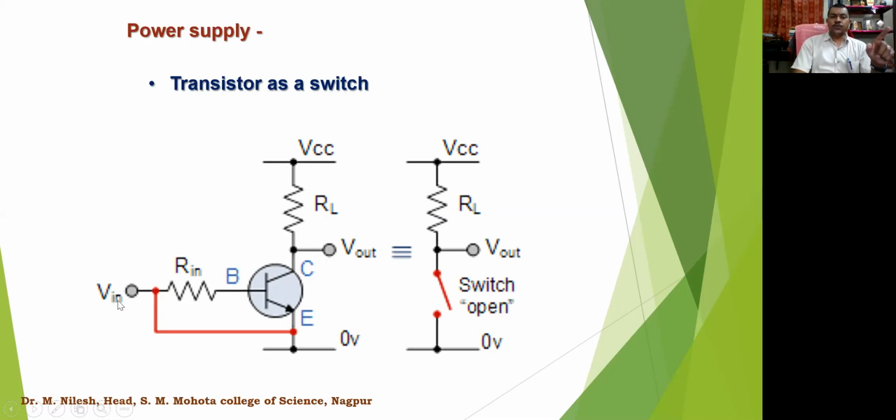In the first case, Vin is connected to ground potential, which implies that the base emitter junction is not forward biased, so the transistor is off and will not conduct. The output voltage comes across this load resistance and is high. The transistor will work as an open switch.